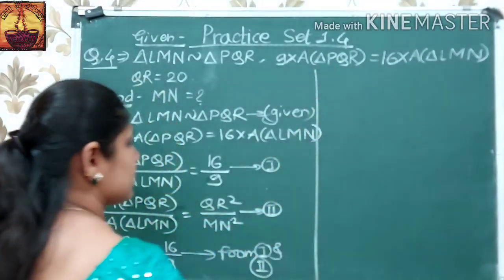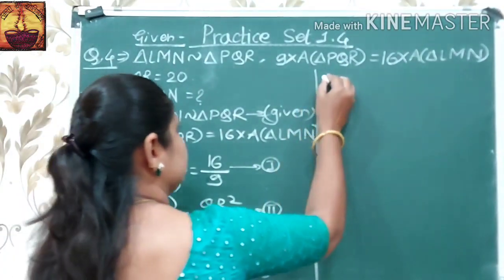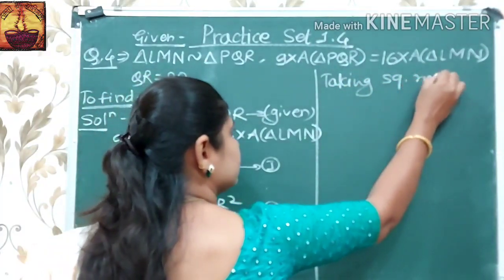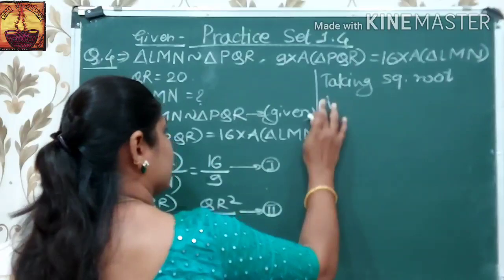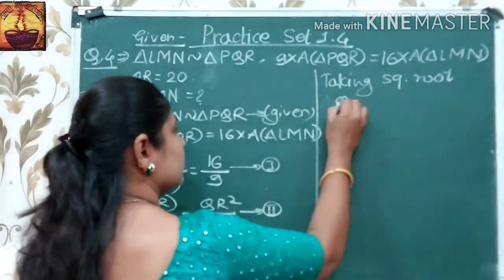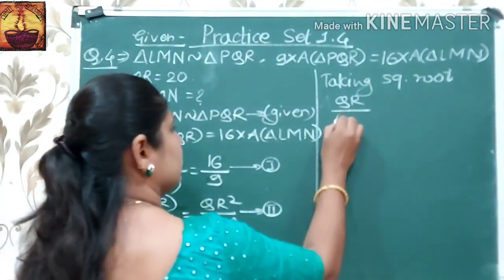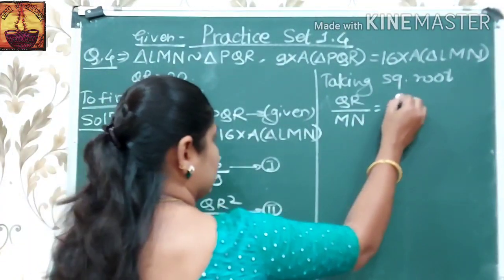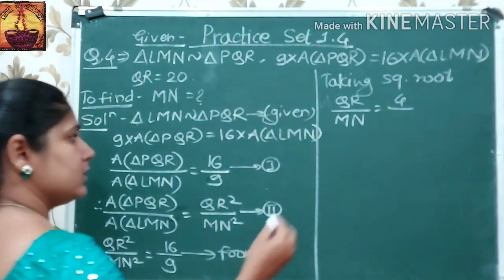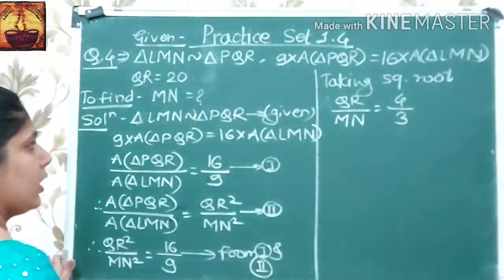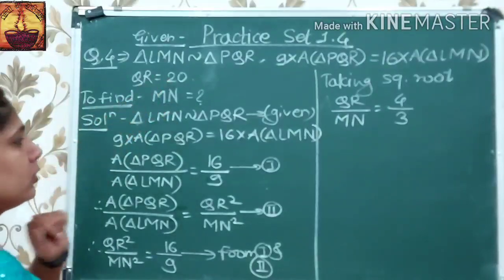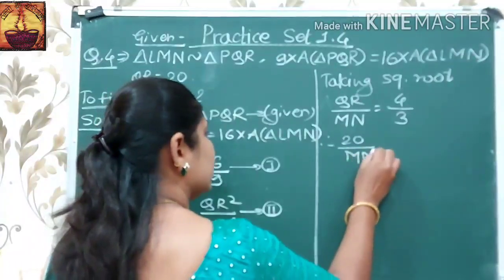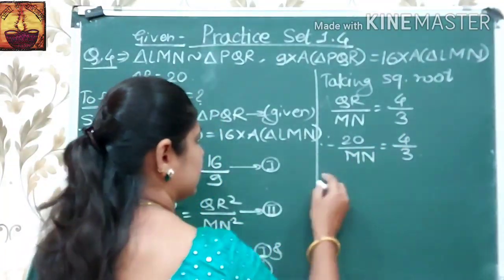Now, after taking the square root of both sides, QR upon MN is equal to square root of 16 is 4 and square root of 9 is 3, and we have QR is equal to 20. Therefore, putting in the values, QR upon MN is equal to 4 upon 3.